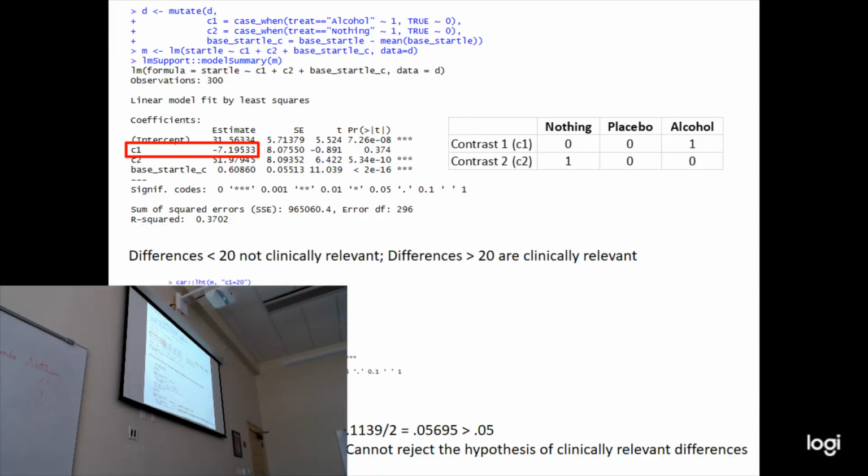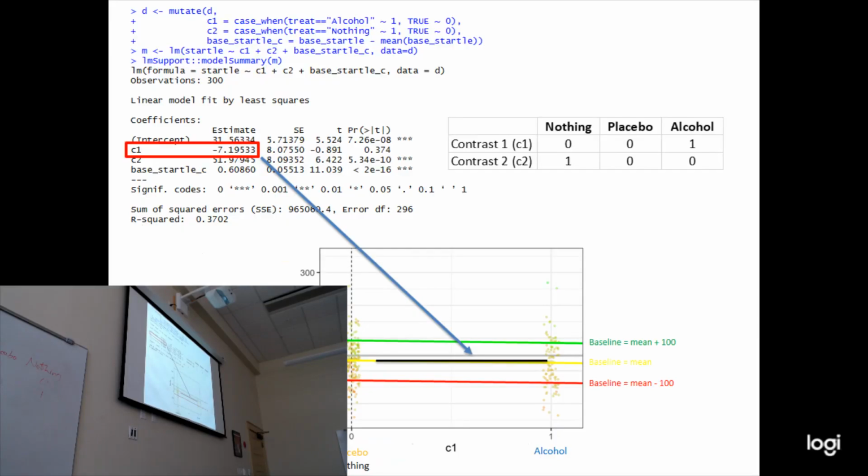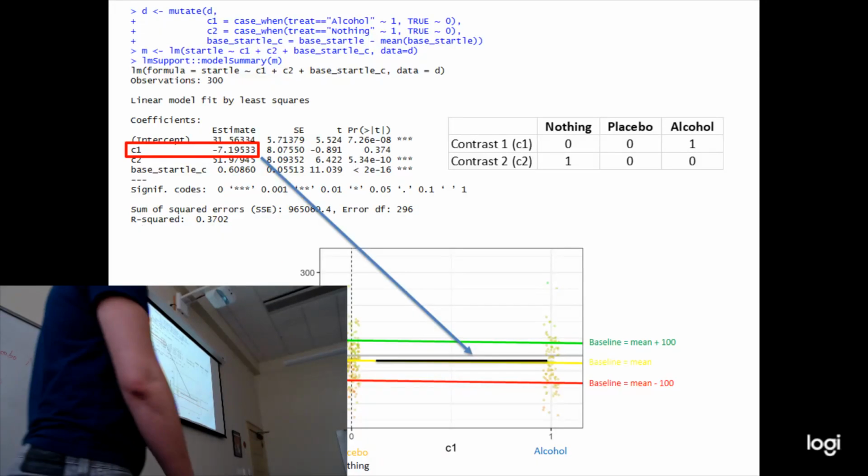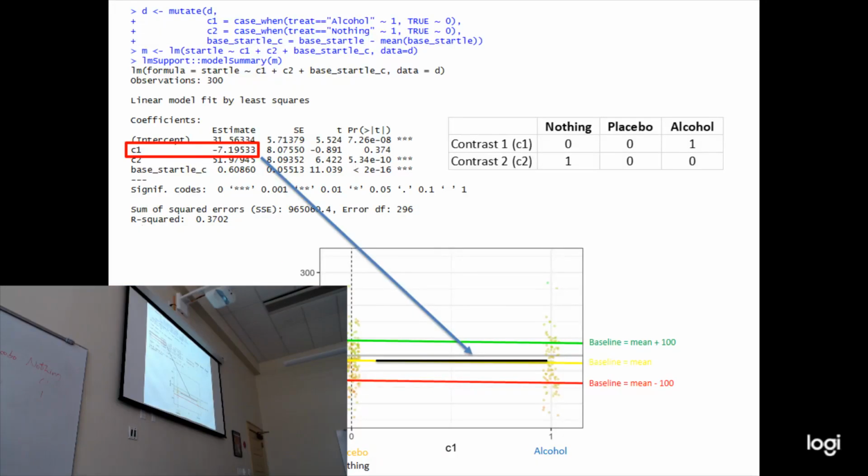I'm processing more slowly today for some reason, but the estimate for C1 you said was the slope of the lines, which should be close to 0, but -7 doesn't really seem close to 0. It's just based on the scaling.